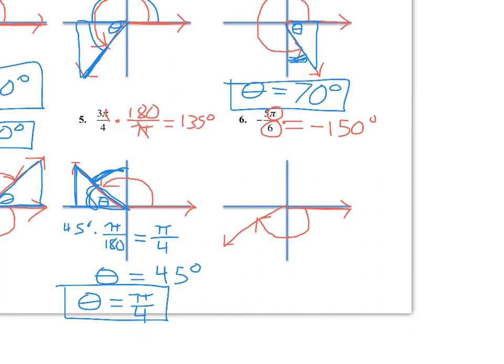Drawing the triangle. Terminal side. Theta goes near the origin. Alright, so how big is that angle? Well, so I went 90. Then to get to 150, I went 60 more. So that angle has to be 30.